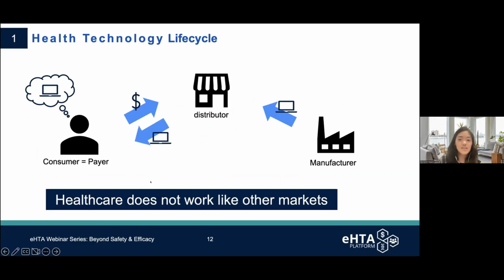In this case, both the consumer and the payer are one entity, you. But healthcare is a different story. In this case, there are many players involved in the transaction, and those players have different roles and different values when choosing which technology they will adopt.